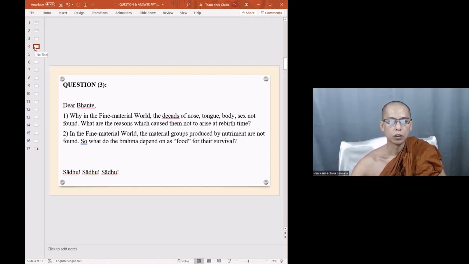Okay, so the reason is given in that explanation because they just support the development of sensual desire, etc. If you have a nose, the smell you get, you like and dislike, supports sensual desire or anger.